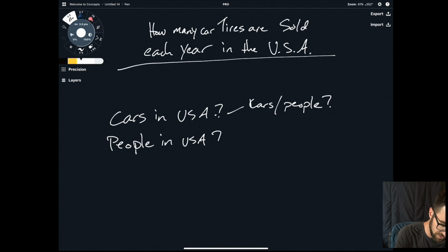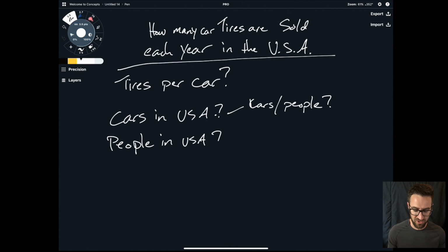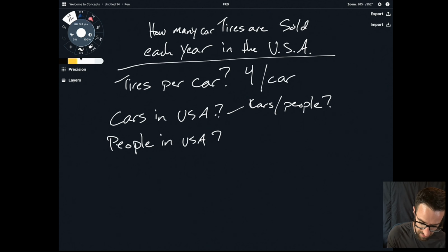The first question is, we want to know how many tires per car, question mark. Okay, so how many tires are sold each year in the USA? Well, first we want to say, how many tires are there on each car? Okay, and there's 4 per car, plus what, right? You have a spare.